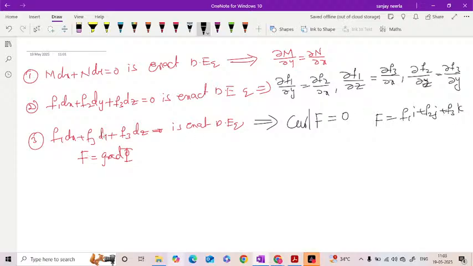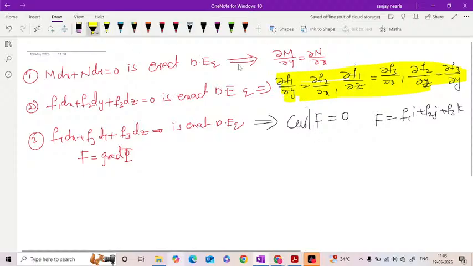So this is the necessary and sufficient condition for this differential equation. Either you can calculate like this, or you can find curl f equal to 0. If curl f is 0, definitely we will get these three equations.